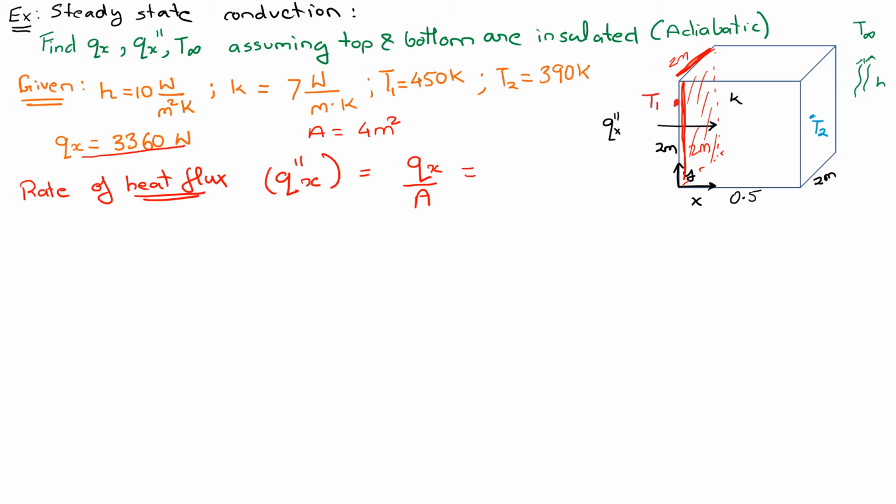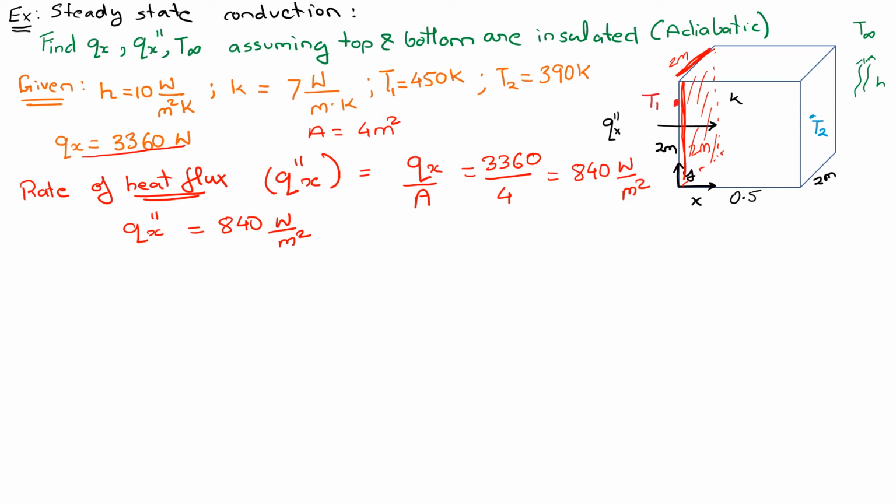Plugging in these values, we get 3360 divided by 4, which gives us 840 watt per meter square. So our rate of heat flux in the x direction is 840 watt per meter square.